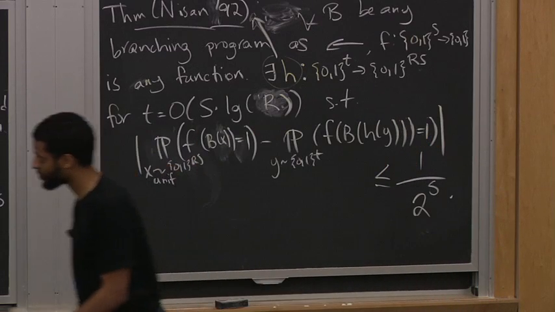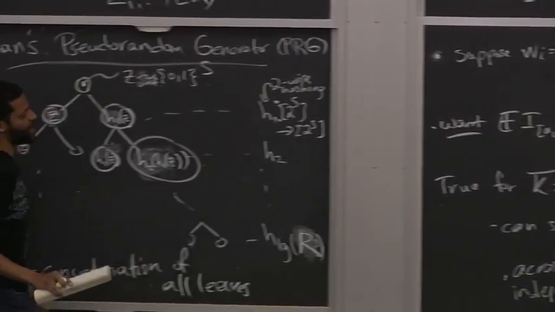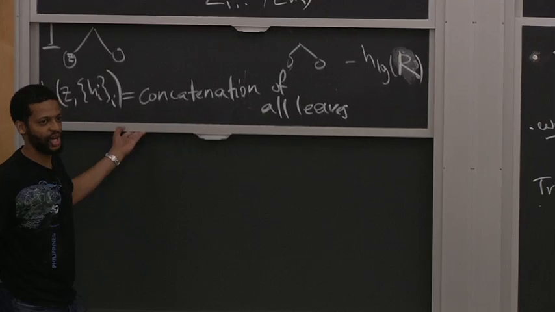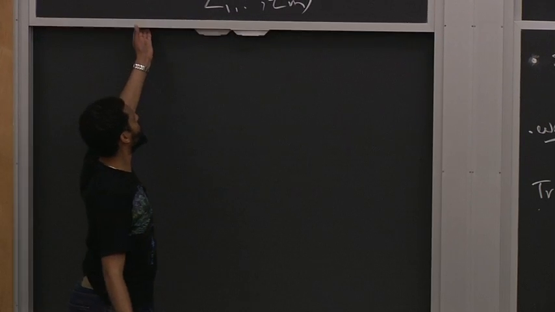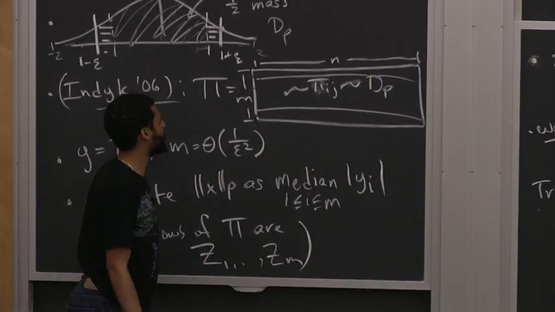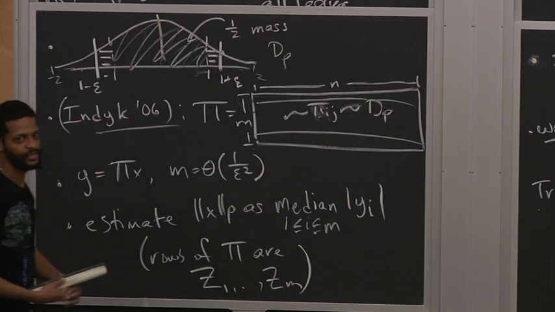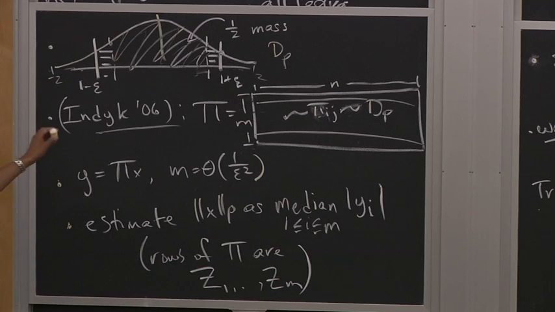Okay, good. So that's all I wanted to say about the workings of Nisan and what it gives you. Now I want to tell you how you can use Nisan's generator to generate pi. If you generate pi using Nisan's generator, then the index algorithm will still work.